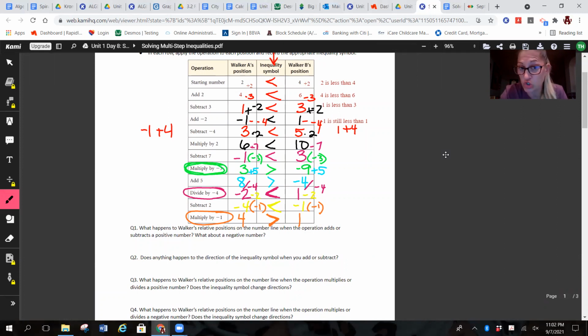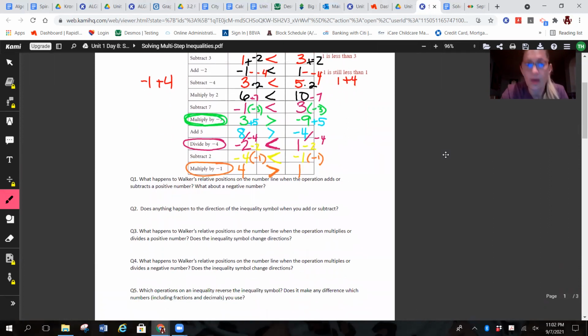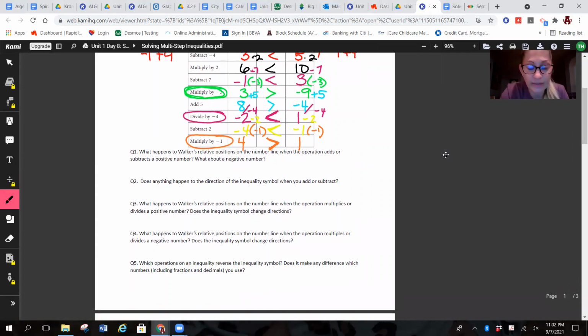Multiplying by a 2 did not make the sign change. Multiplying by a negative made it change. Dividing by a negative made it change. Multiplying by another negative made it change.